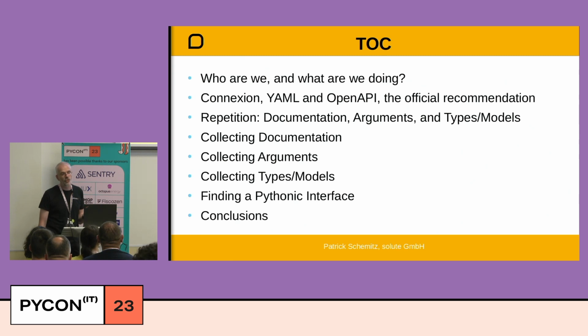Why that usage leads to repetition. And then the bulk of the talk will be how we get the data we need to avoid that repetition and generate the OpenAPI for us. And then, of course, coming up with a nice and Pythonic interface. A word of warning, I will show quite some actual Python code in this talk. I hope that's okay.